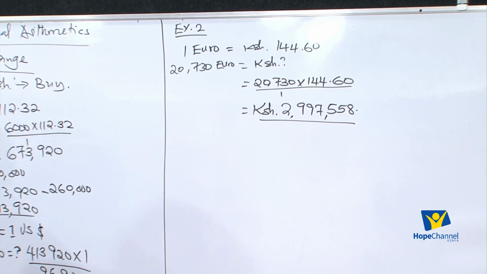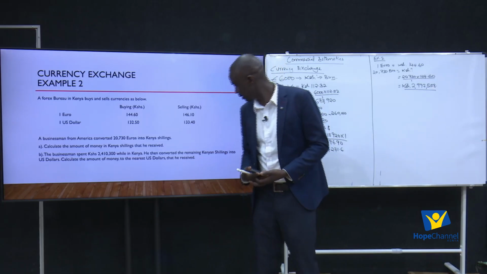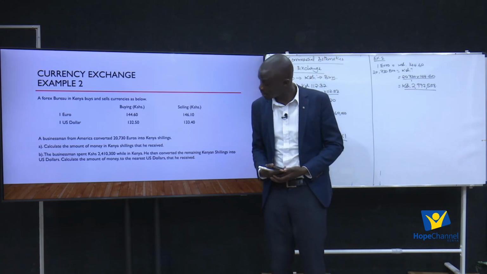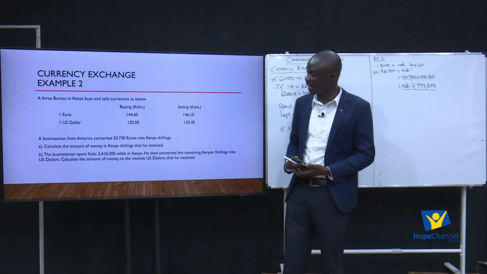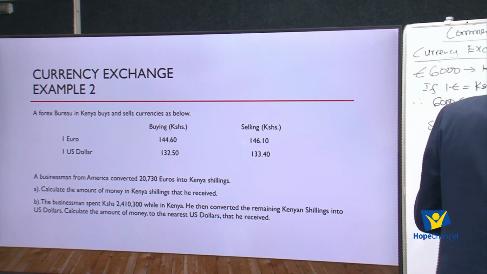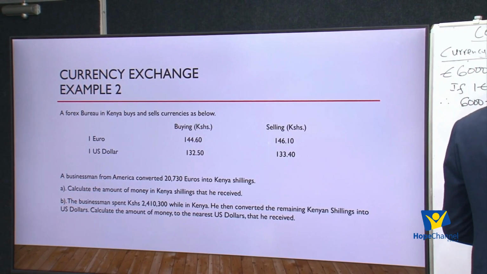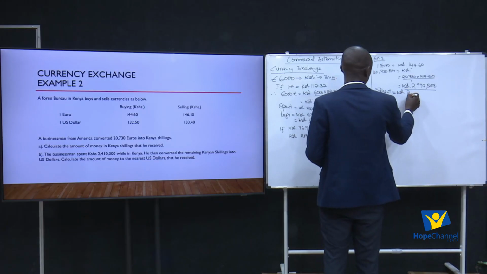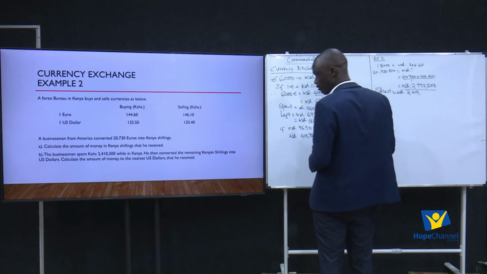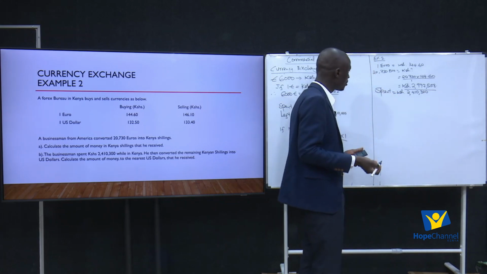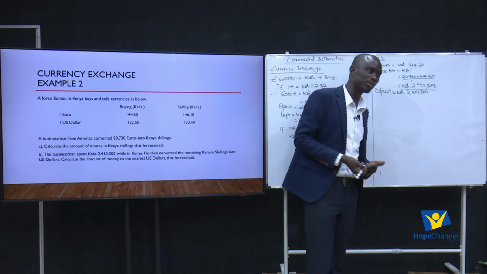Now, question B is asking, the businessman spent 2,410,300 while in Kenya. This businessman almost went broke. He spent almost a lot of the money that he was having.